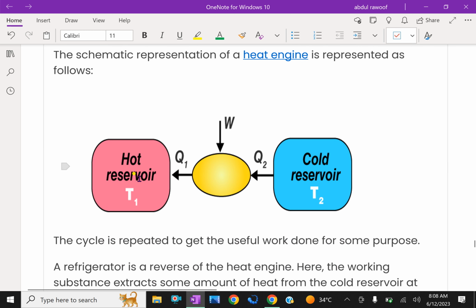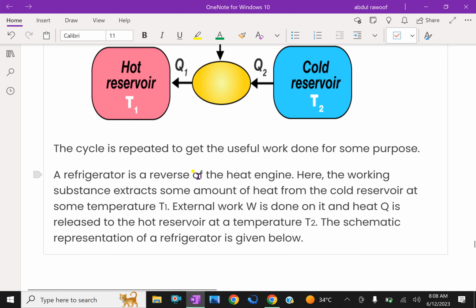Here hot reservoir, here cold reservoir. Heat is absorbed from the hot reservoir, work is done by the engine, and the released heat goes to the cold reservoir. That means work is done by the engine. The cycle is repeated to get the useful work done for some purposes.